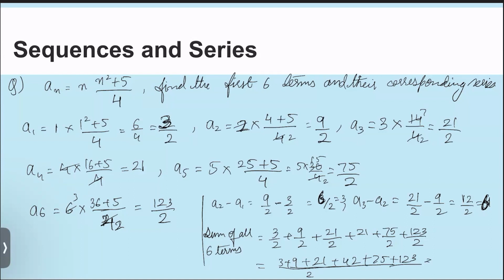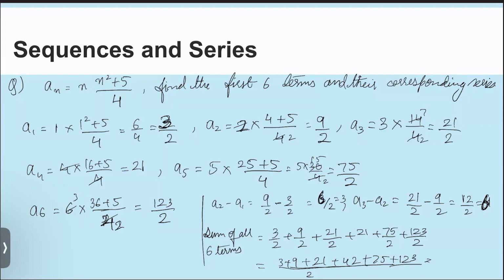Okay, so if we sum them all together, we get 3 plus 9 is 12 plus 21, 33 plus 42, 75 plus 75 and 150 plus 123.